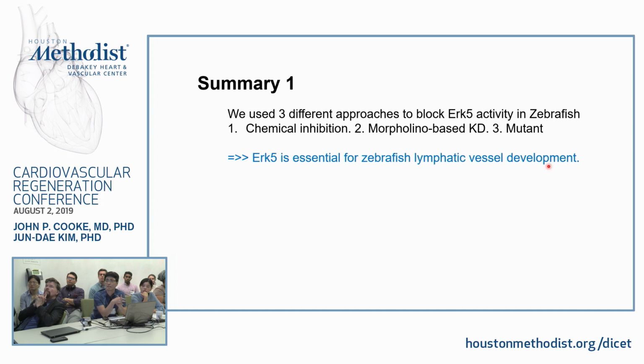Here, we used three different approaches to block ERK5 activity in zebrafish embryos: chemical inhibition, morpholino-based ERK5 knockdown, and mutant generation. Altogether, we found that ERK5 is essential for lymphatic vessel development.